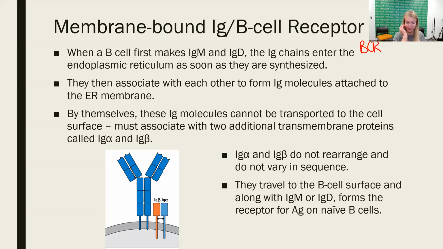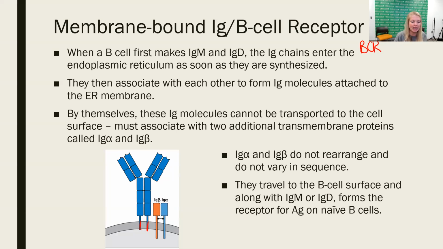B cell receptor. So when this B cell first makes IgM and IgD, it's not secreted. It will enter the endoplasmic reticulum and be shuffled out to the surface, and it will maintain a connection to the membrane.